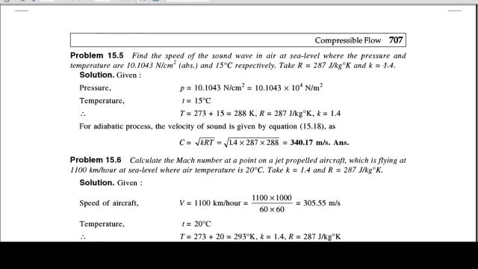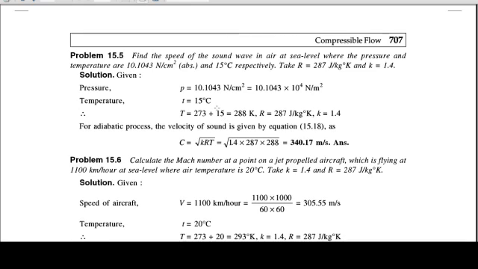So here they have given the value of pressure as 10.1043 Newton per centimeter square. Convert it into meters, that is equal to 10.1043 into 10 raised to 4 Newton per meter square. Then they have given the temperature is equal to 15 degrees centigrade.